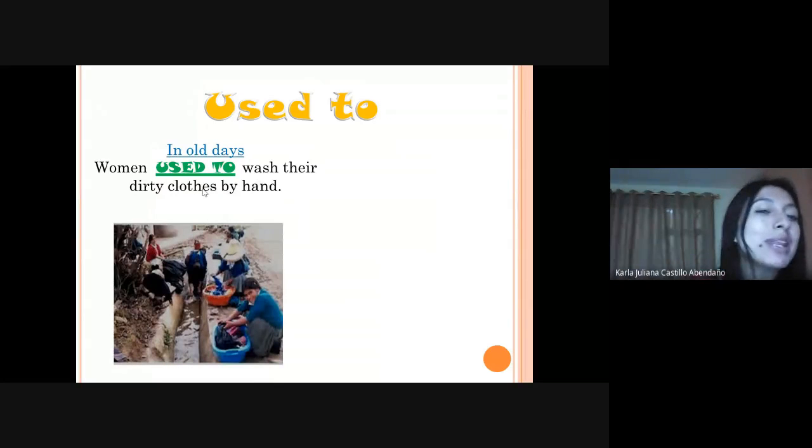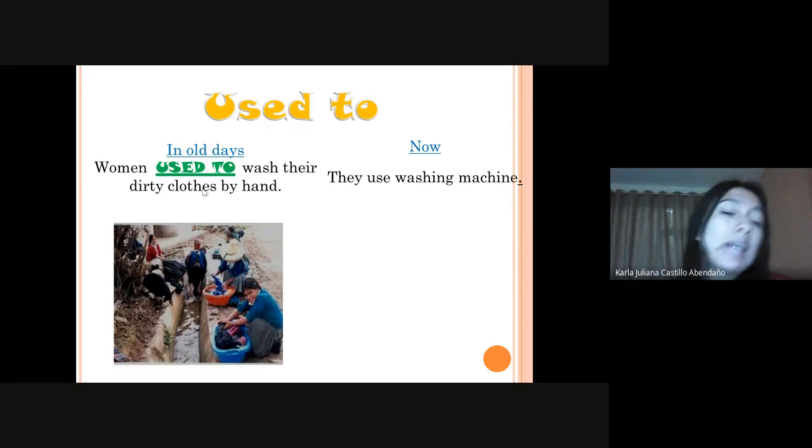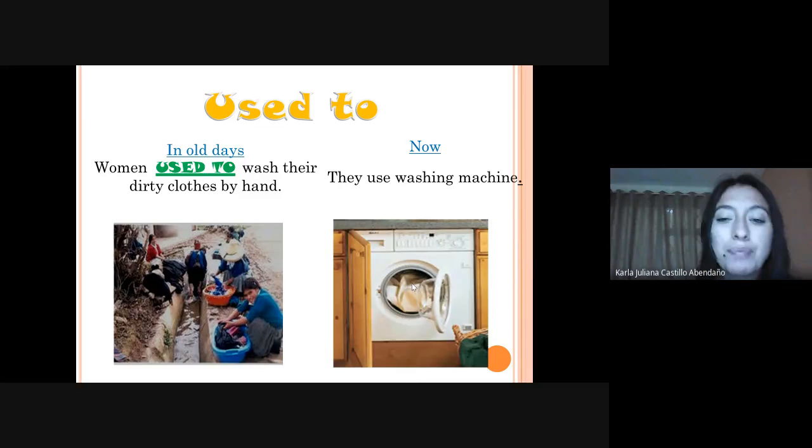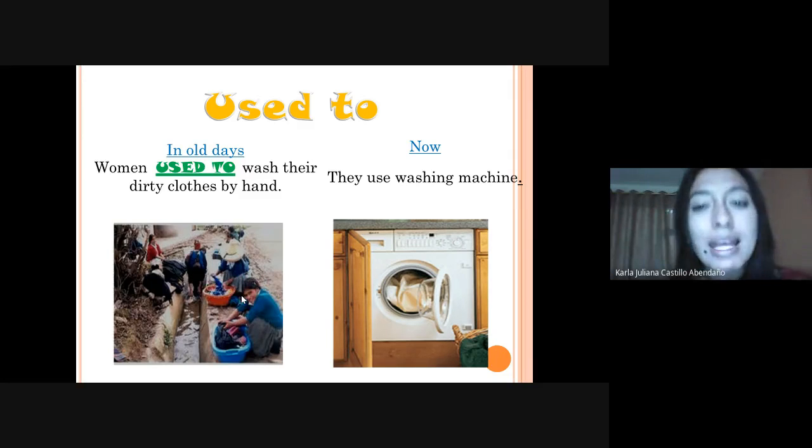In old days or in the past, the things that already passed, women used to wash their dirty clothes by hand, right? But today or now, they use the washing machine, this one, right? Today, people use washing machines, but in the past, in old days, they used to wash their dirty clothes by hand, right? Great.